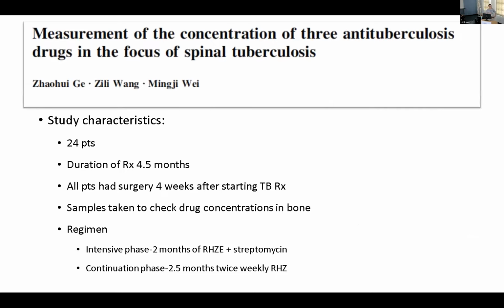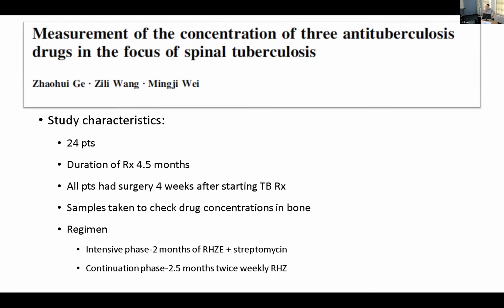Yeah. So this is an article done by Guy, apologies to him if I'm saying it wrong, but basically it measures the concentration of 3 anti-TB drugs in spinal tuberculosis. And it was quite a cool study because they actually only gave treatment for 4.5 months.